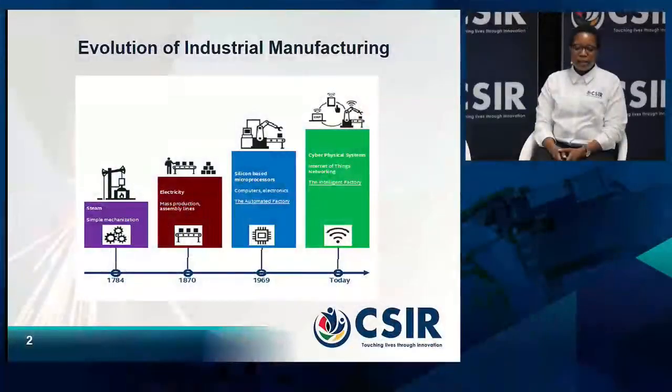So throughout the manufacturing revolutions, starting from the 1780s, where you had steam or coal-controlled and simple mechanisms, and in the 1870s, then there came electricity, which now allowed for mass production and also assembly lines.